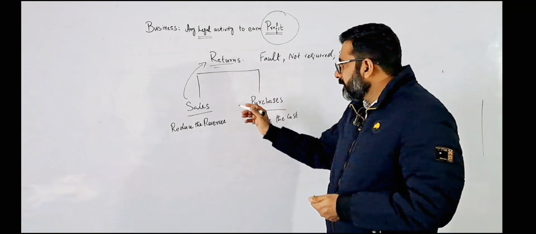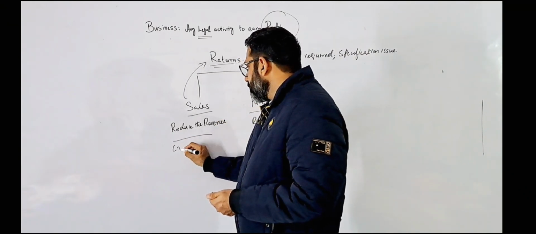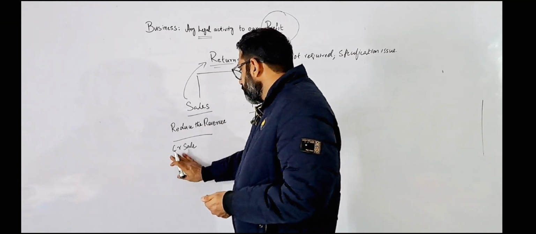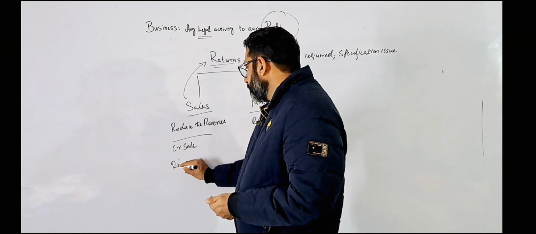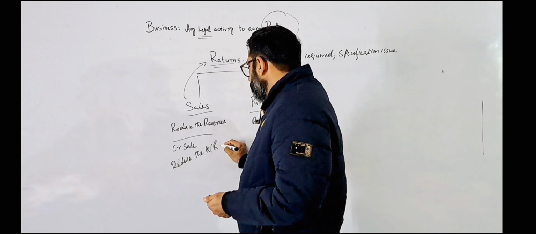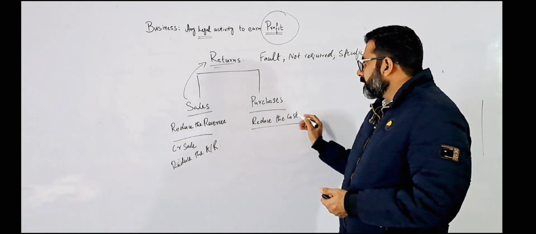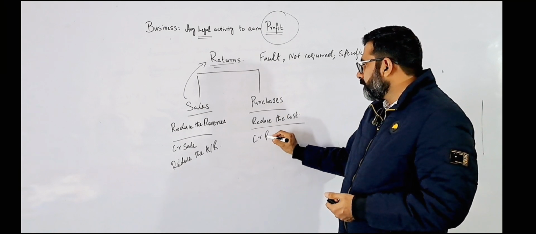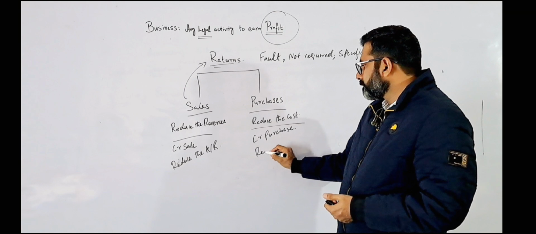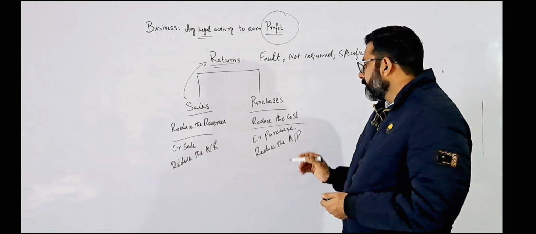Now the sales return will reduce the revenue, and if it is a credit sales, it will reduce the account receivable. Now again, if it is a purchases and it is a credit purchases, it will reduce the account payable.